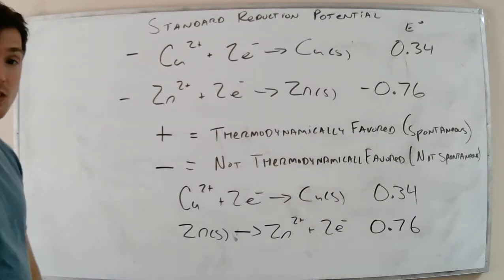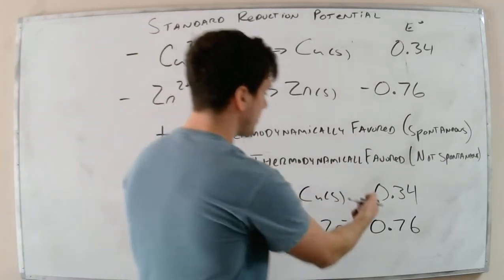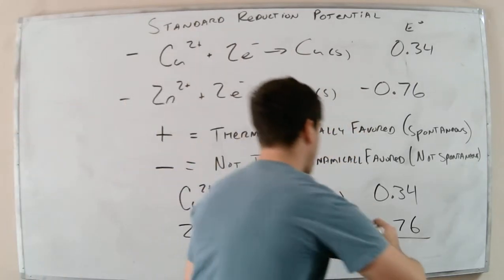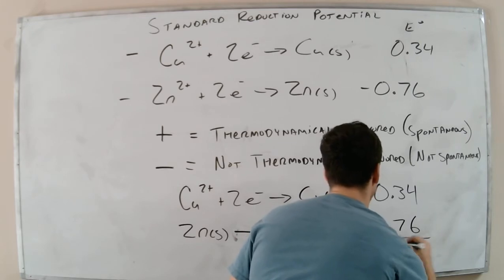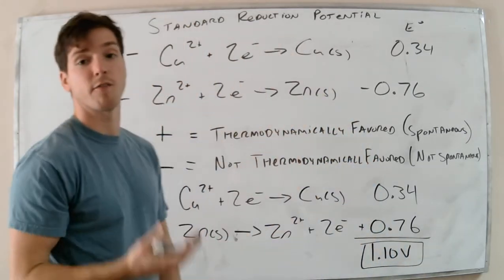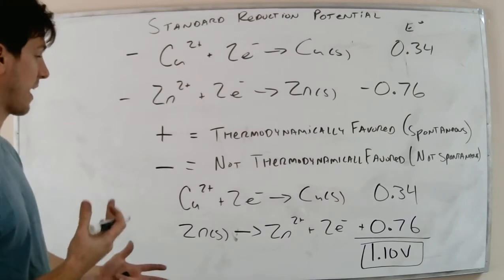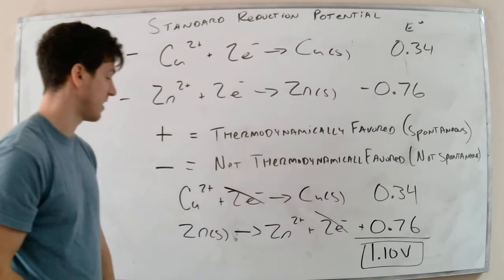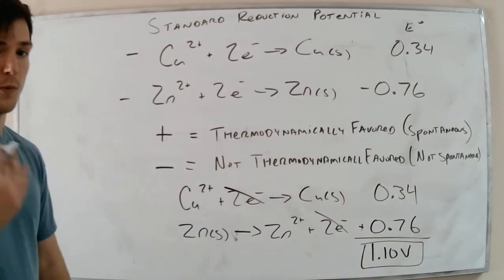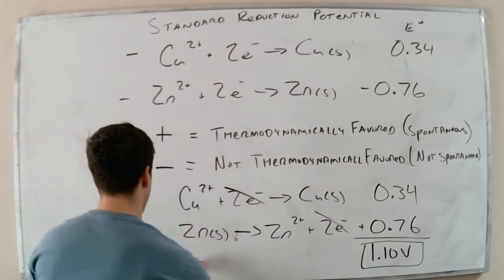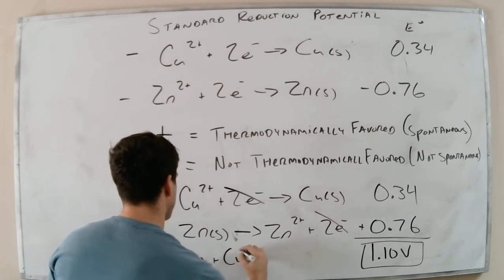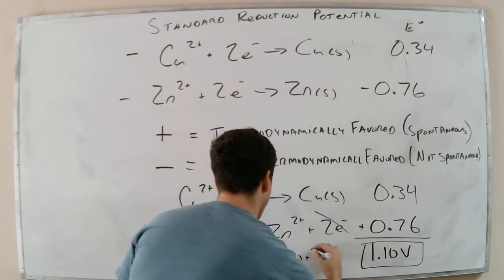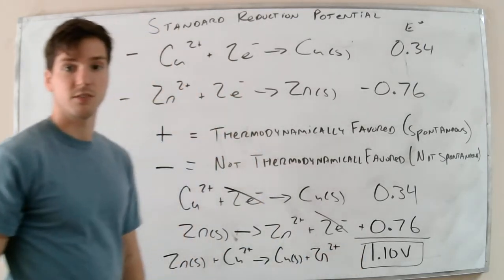So then what we do if we want to figure out the cell potential, we just add these two voltages or cell potentials together, and we will get a total of 1.10 volts created from this reaction. The reason we're able to do that is because they each have 2 electrons and they cancel out. So the whole reaction is going to be zinc solid plus Cu2+ makes copper solid and zinc 2+.